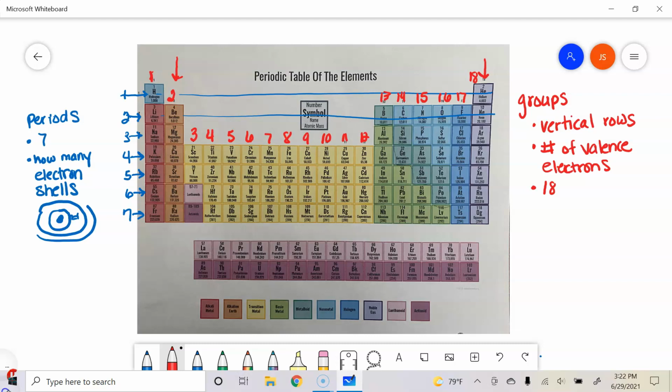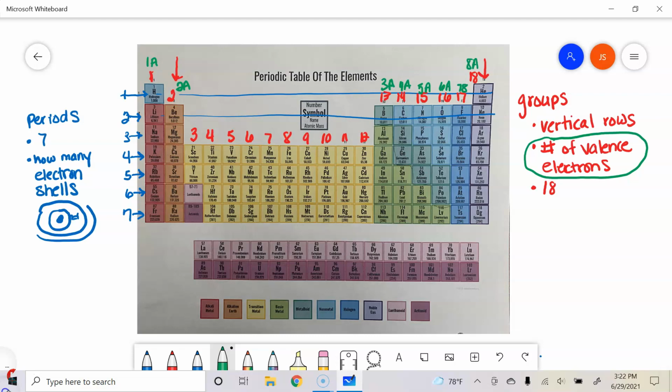Now, we also are going to sublabel these groups in a different way that's going to indicate the number of valence electrons. So I should have maybe written that in green, but I'll show you how that would be. This would be 1A, this would be 2A, then we would go all the way across. We're basically going to skip this whole middle section of transition metals. We'll talk about that in a second. So this would be 3A, 4A, 5A, 6A, 7A, 8A.